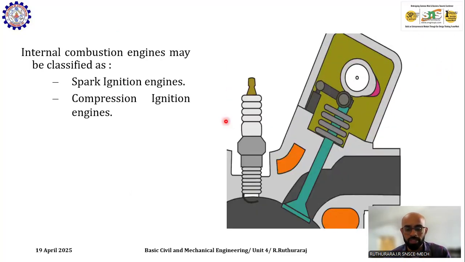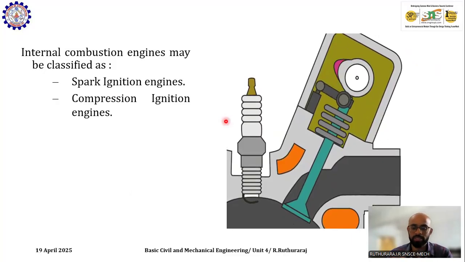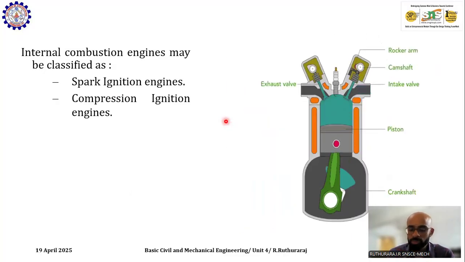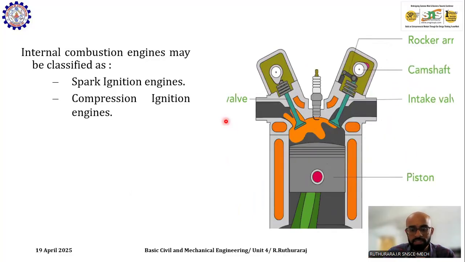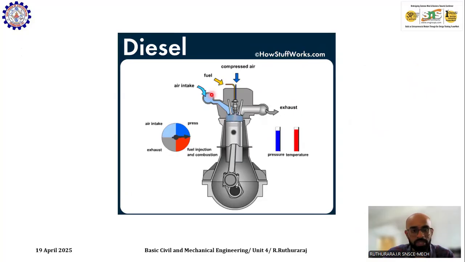We'll discuss the working of a carburetor in upcoming lectures. Just note that in a petrol engine, air and fuel are mixed outside the combustion chamber in a part called the carburetor. Whereas in the diesel engine, air and fuel are mixed inside the combustion chamber only with the help of a fuel injector. So that's a major difference between the spark ignition and compression ignition engine.